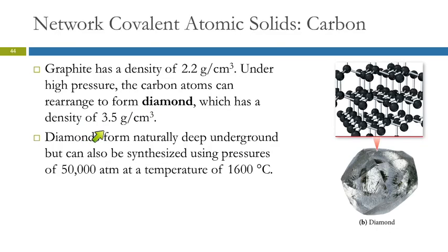The density of diamond is 3.5 grams per cubic centimeter. So here's the structure of diamond. Here, we still have these hexagonal rings, but now instead of discrete layers of them, they are bonded in all three dimensions. And so that gives diamond a very high strength.